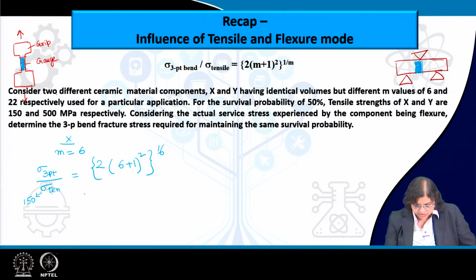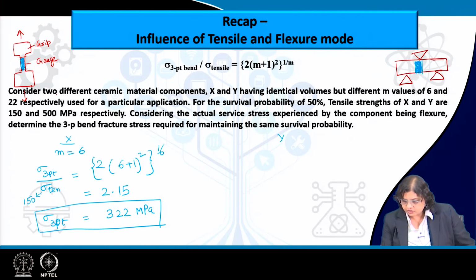Again that factor comes as 2.15, and that gives sigma 3-point for condition x as this factor into 150, which is 322 MPa. So, this is for condition X.